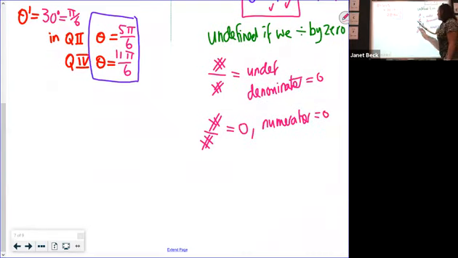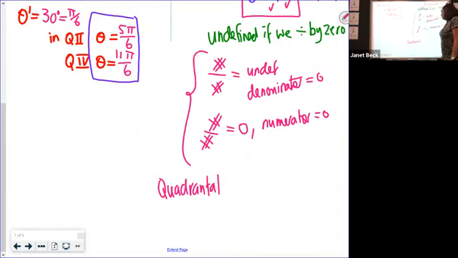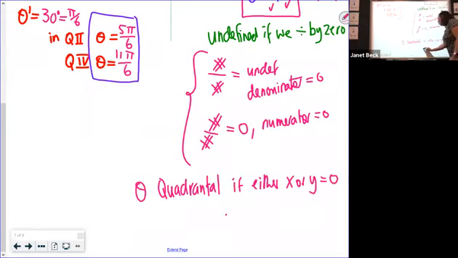How to find if you've got something that's quadrantal? Your theta is quadrantal if either x or y equals 0, or if the absolute value of x or the absolute value of y equals r.